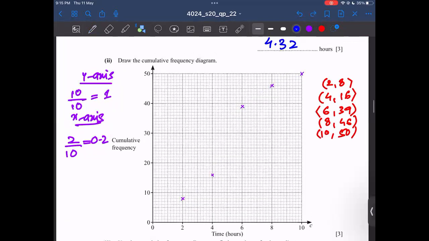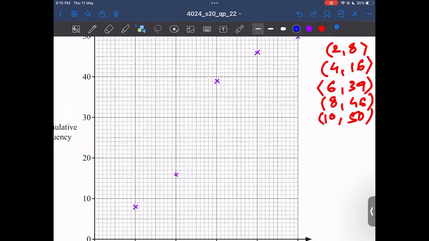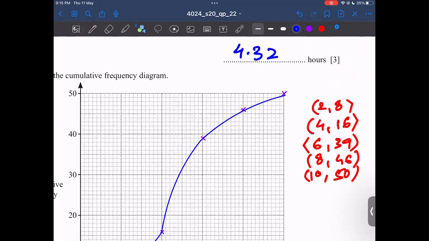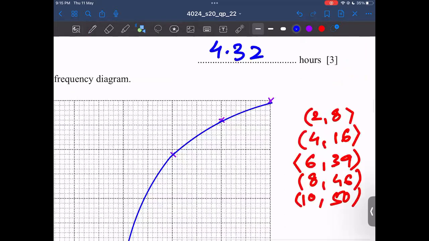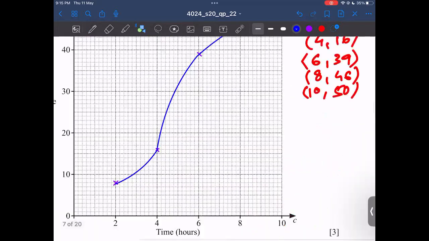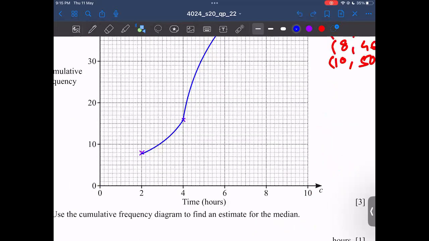Let's make a graph. And then you can join the point with 0,0, because frequency is going to be 0 at x equal to 0.